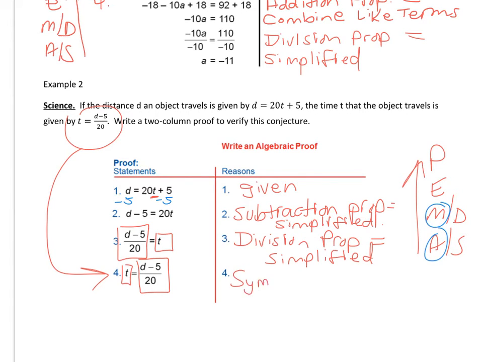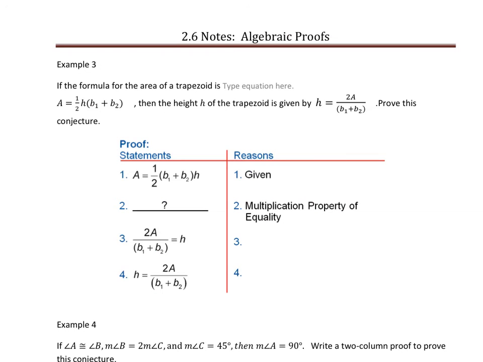So that's what's happening here. Remember that that property says if A equals B, then B equals A. It's just kind of symmetry, and so that's all we're doing there, is solving for t. Okay, very good. Let's move on.